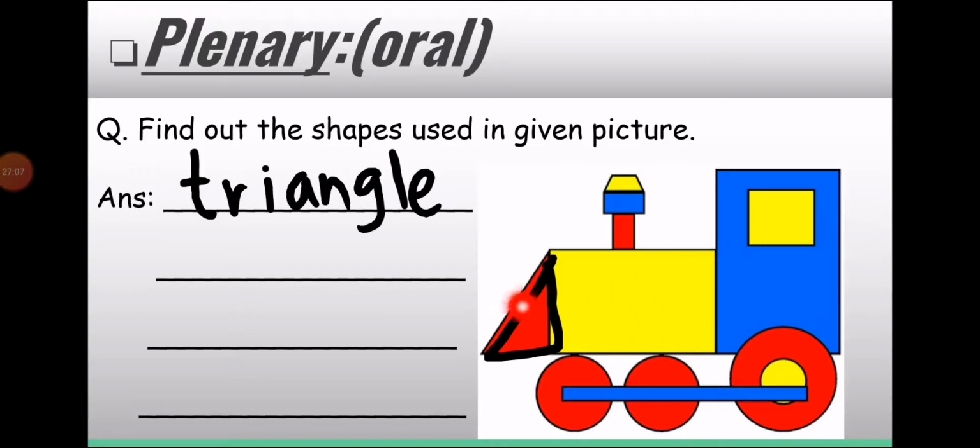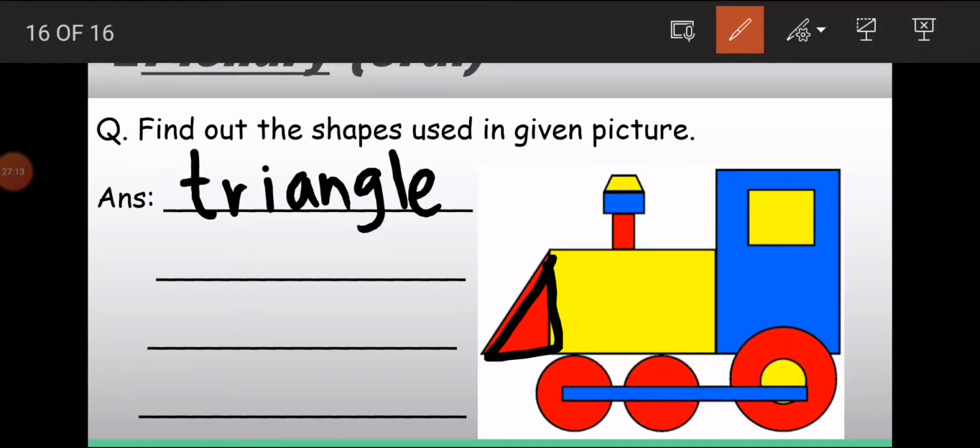These all are the same, and this one also. Which shape is this? 4 sides, 4 corners, 2 parallel sides of equal length. A 2-dimensional shape. Yes, it's a rectangle. So I'm going to write rectangle here.